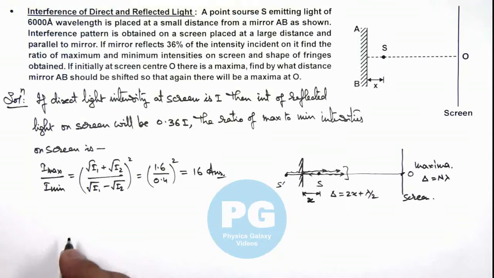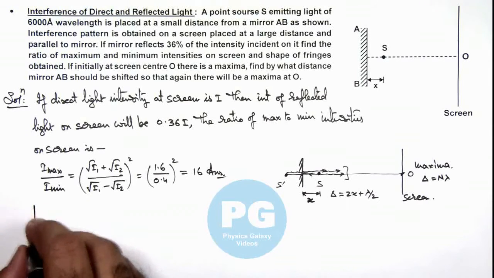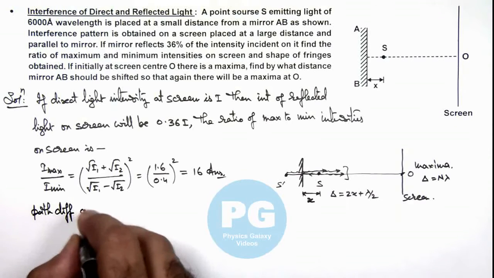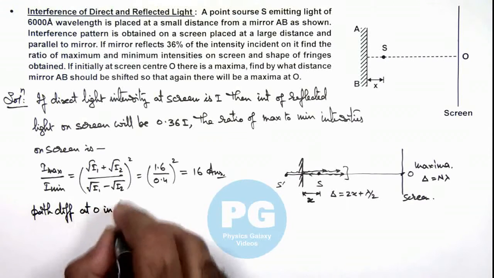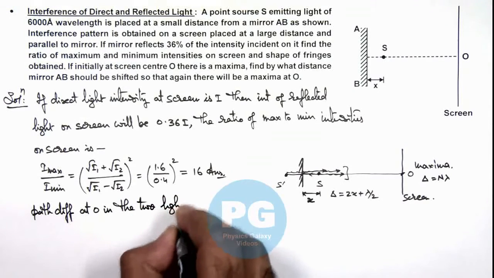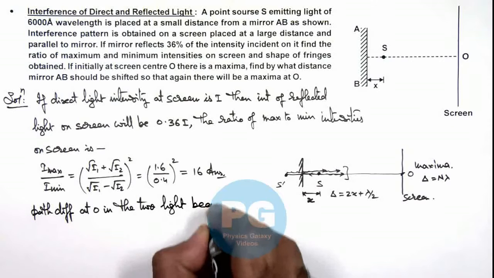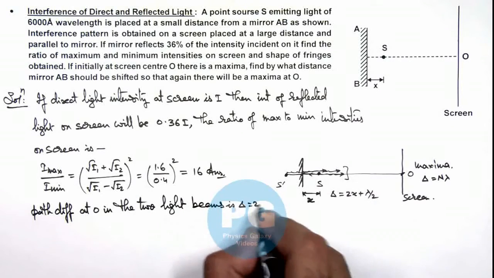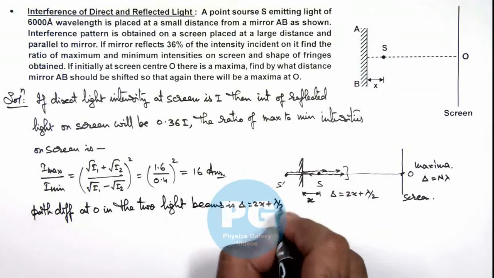So here we can say the path difference at O in the two light beams is, as we already calculated, 2x plus lambda by 2.